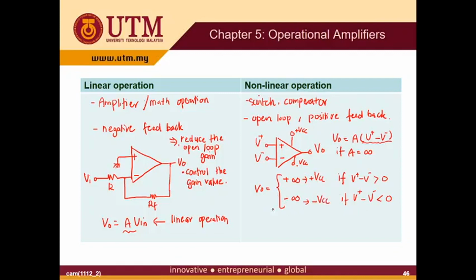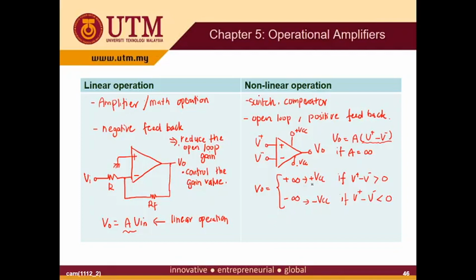So now you have the equation for V out here. V out is either positive VCC or negative VCC. In this case, this is not a linear equation. This is just a digital function.